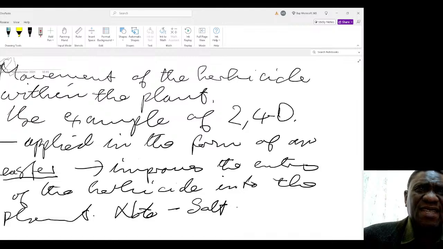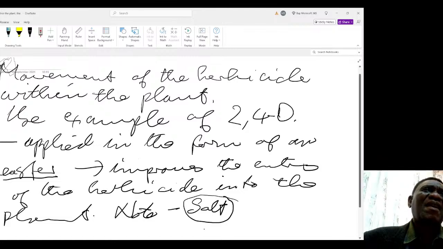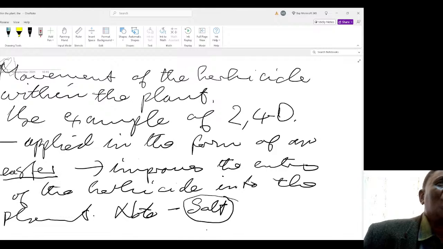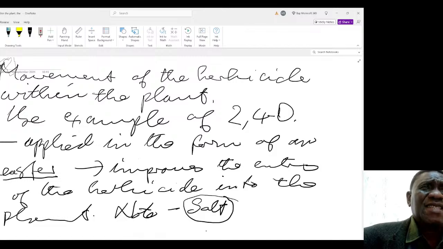So if it is in the form of a salt, like some other herbicides which can be in the form of salts, they cannot easily penetrate the cuticle and they cannot kill the plants. But the ester can easily go into the plant and kill it.